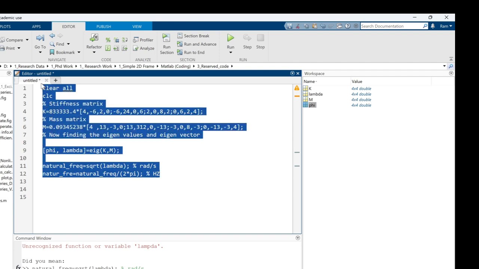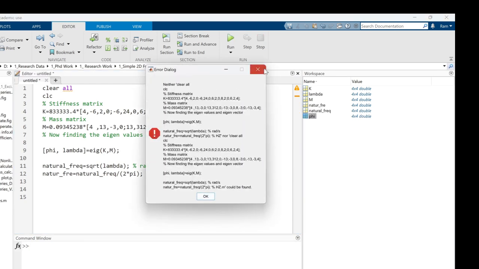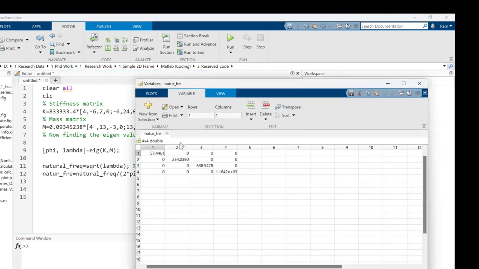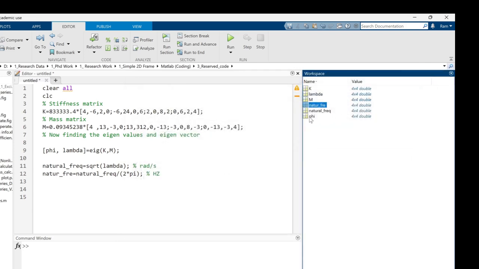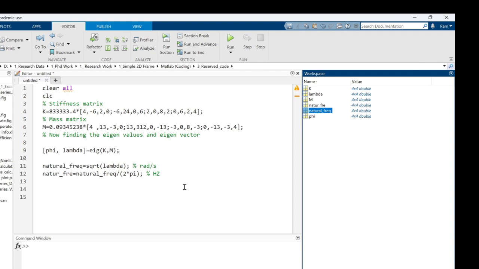If I run this, this is our natural frequency in radian per second, and this is our natural frequency in hertz. Like that, you can get the natural frequency for any system.